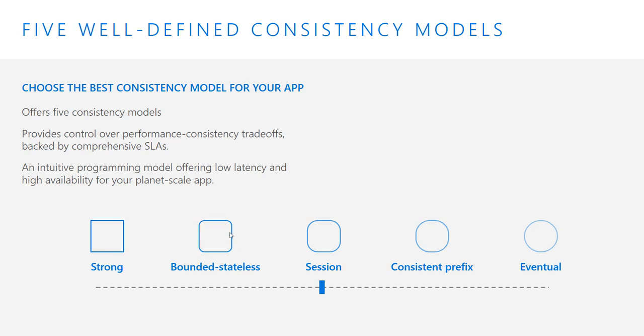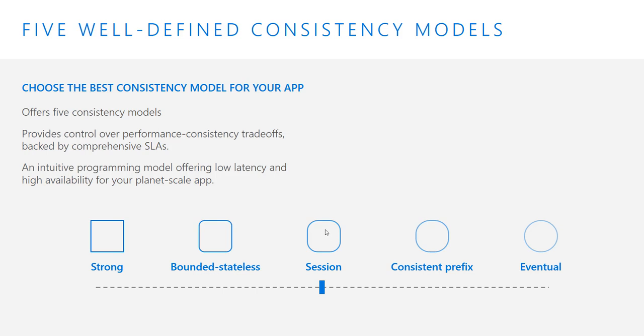So you can say, I want a bounded staleness consistency model. By that you mean that I am okay, I can tolerate that data is stale for 5 minutes, but then it is written. Or I can be fine if my data is behind by X number of writes. So when you want multi-region consistency but don't want to pay the price of waiting for the ACK to come back, that's when you will use bounded staleness.